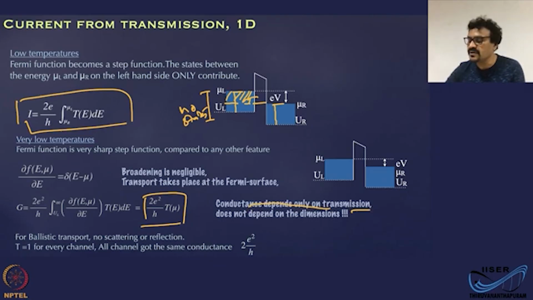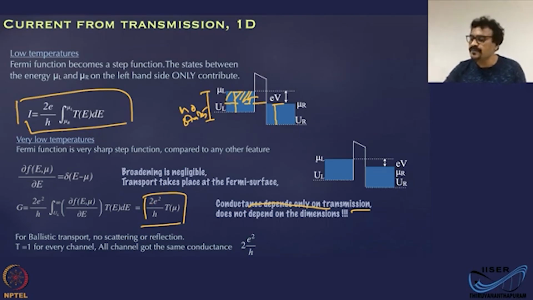It does not depend on the dimension or any other parameter. It doesn't look at how long the channel is, how wide the channel is, nothing. It actually looks at the transmission coefficient for the channel and how many channels there are. This is the total transmission coefficient for the device, multiplied by the conductance quantum, and 2 is for the spin degeneracy here.